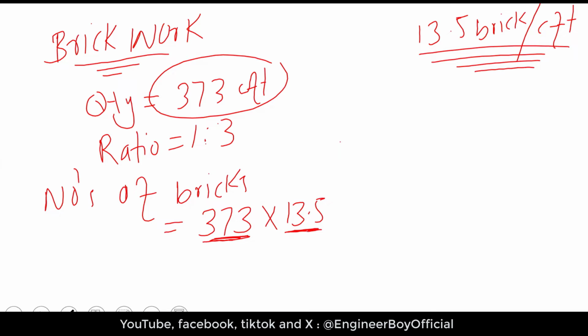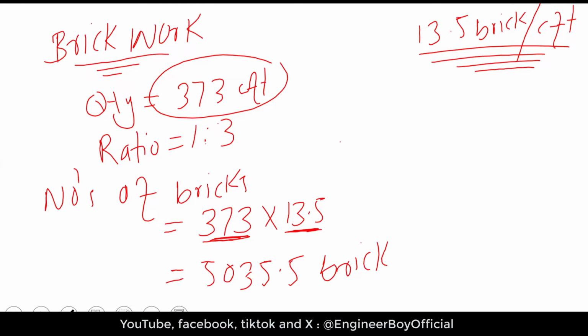You guys can confirm this with your phone or any other calculator. Okay, we have, sir. So you guys have to confirm these things, because I'm writing approximate values. So we have 5,000 bricks for the same project.